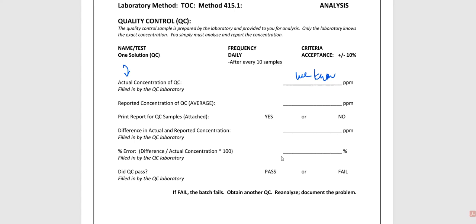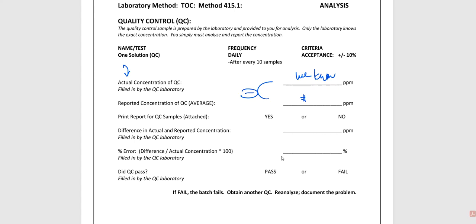The reported concentration, notice it says average. We're going to run that QC in a duplicate. We're going to take the average of those values, and that is the number that goes here. Print off the reports, yes or no. What's the difference between these two values? That's that calculation.